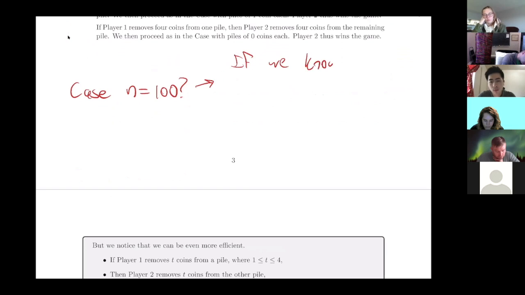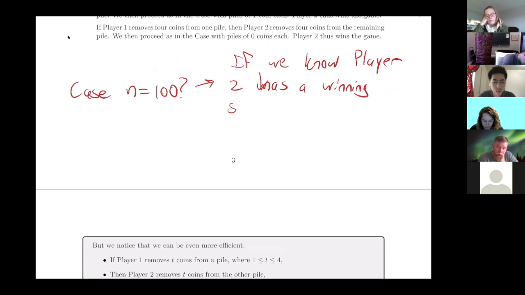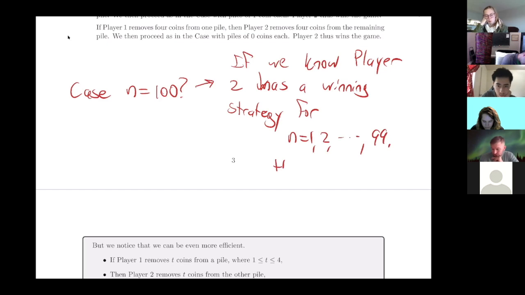The goal here is that if we know that player 2 has a winning strategy, then we could show that it's going to work for 100.